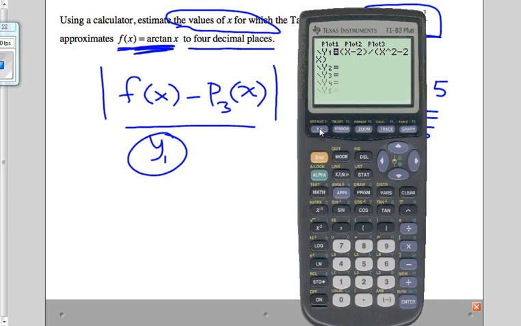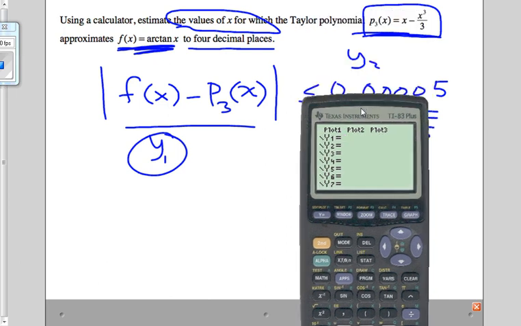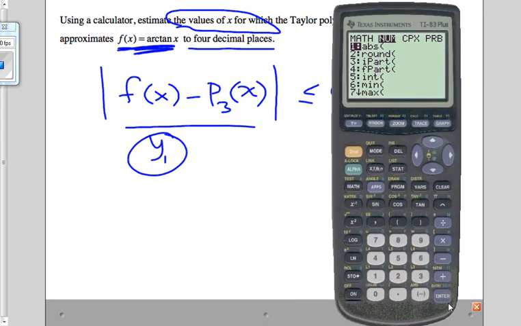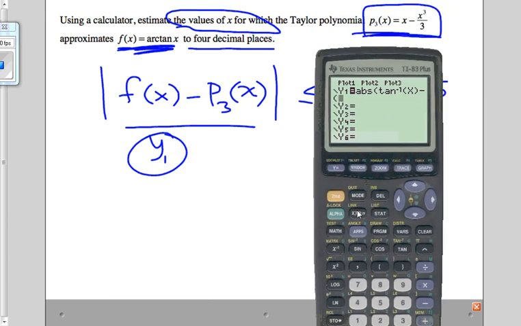In y1, we're going to put in the absolute value of f of x, which is arctan of x, minus, parentheses, p sub 3 of x. Well, p sub 3 of x is x minus x cubed divided by 3. Close the parentheses. So now we found the absolute value of the difference, and that's the remainder.